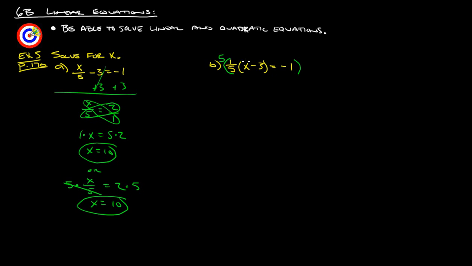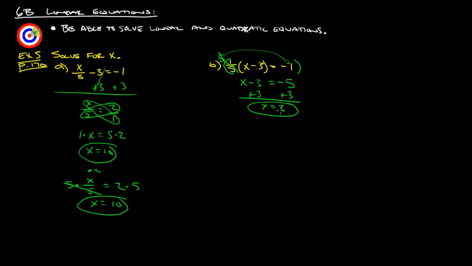That would be 5. So if I multiply this by 5, those cancel out, right? And you're just left with x minus 3 over here. But you still have to distribute this 5 to this -1, so you get x minus 3 equals -5. Add 3 to both sides, and you get x equals 2.